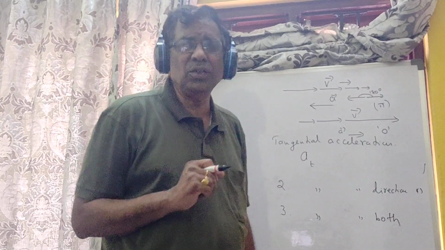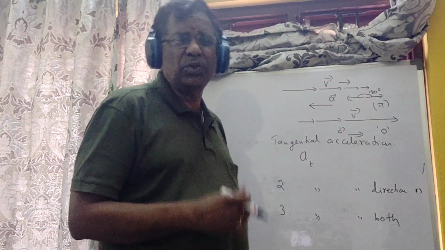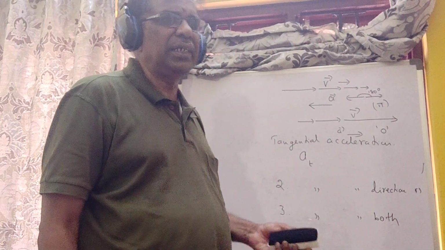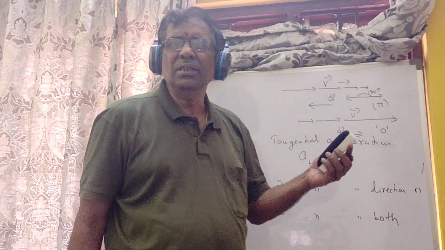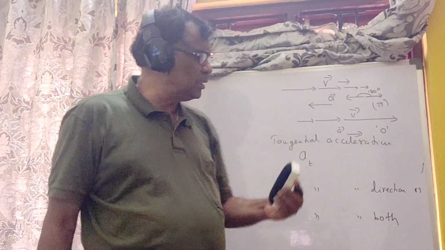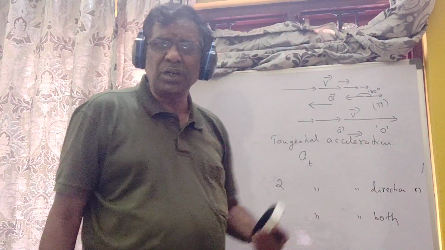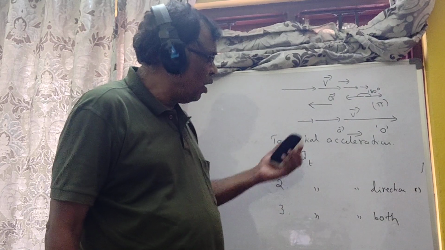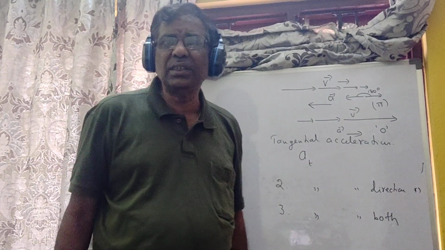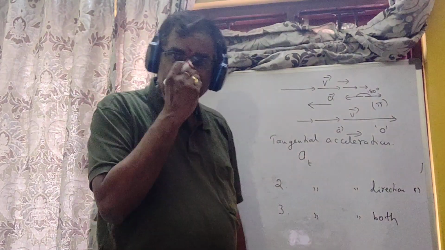In fact, whatever equations of motion in kinematics you have learnt, V is equal to U plus AT, S is UT plus half AT square, V square is equal to U square plus 2AS, etc. There are so many such equations that you have used to work out several numerical problems before, if you recall. All that acceleration you were using is nothing but your tangential acceleration. But we don't put the subscript T.